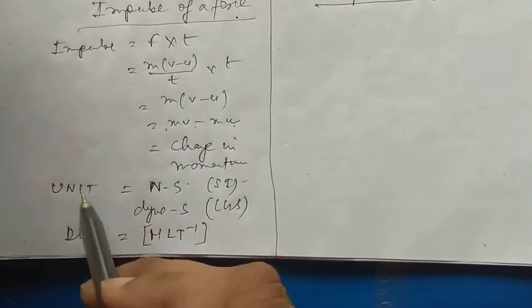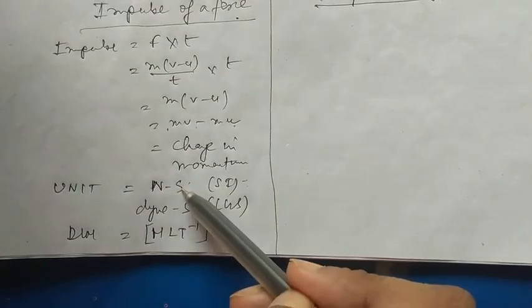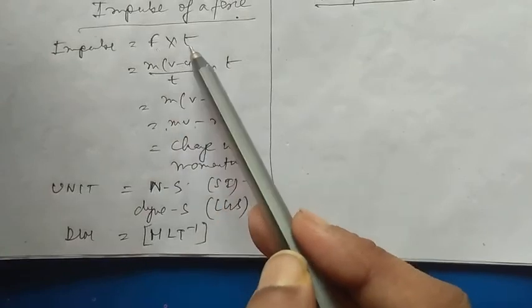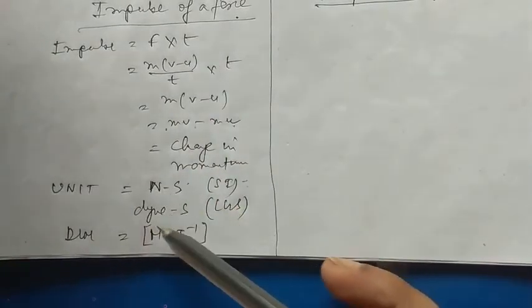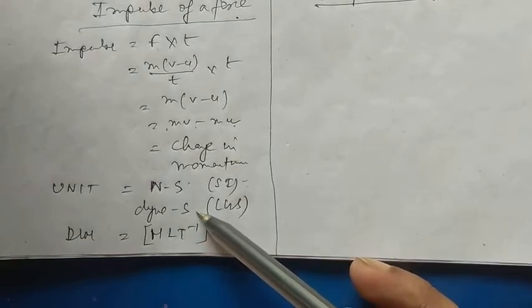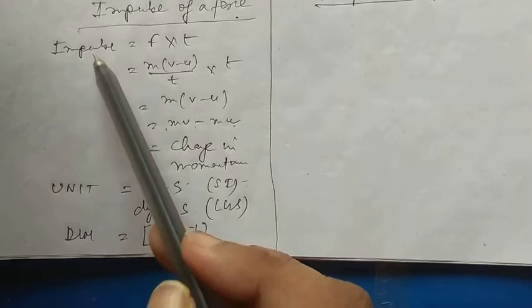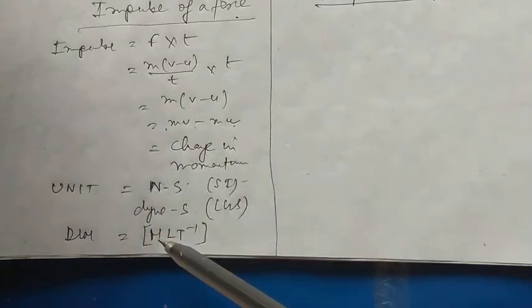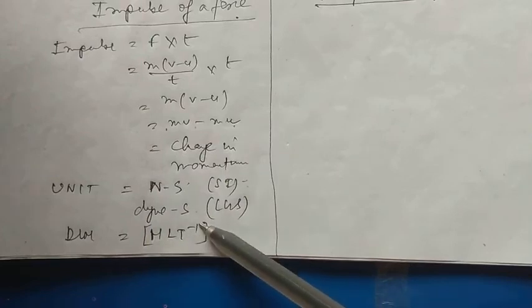The unit of impulse, the SI unit, is Newton second, because it's the product of the force and time. So force is Newton, time is second, and in the CGS system it is dyne second. The dimension of impulse is the same as that of the momentum, because it is a change in momentum, so M L T to the power minus 1.